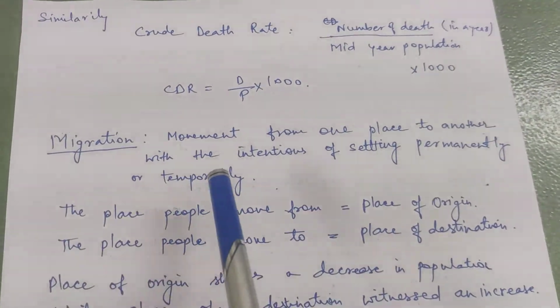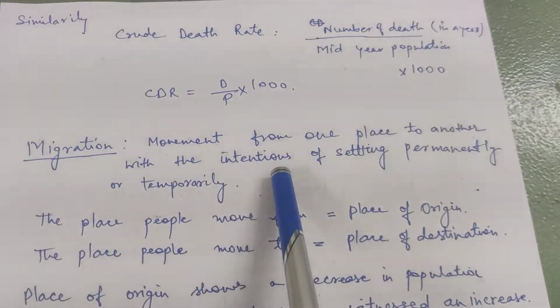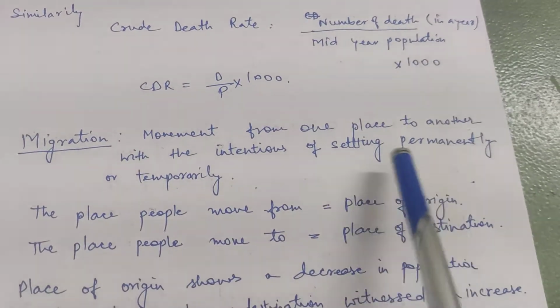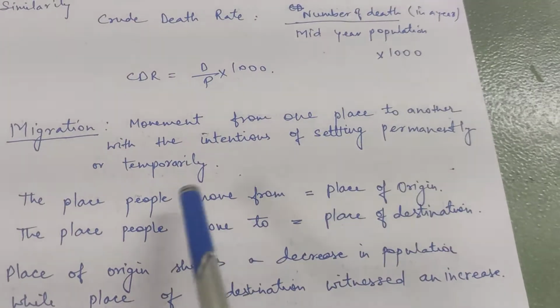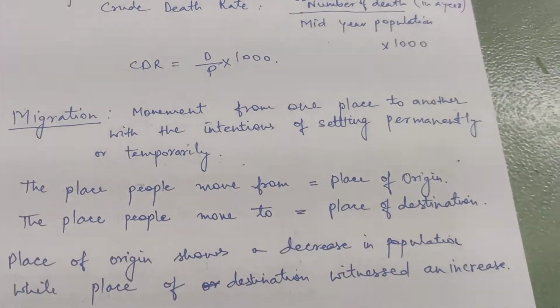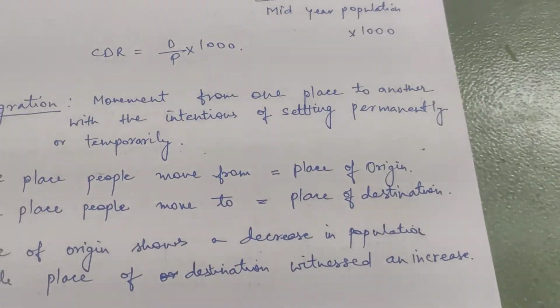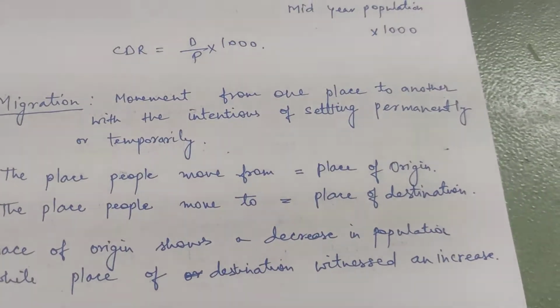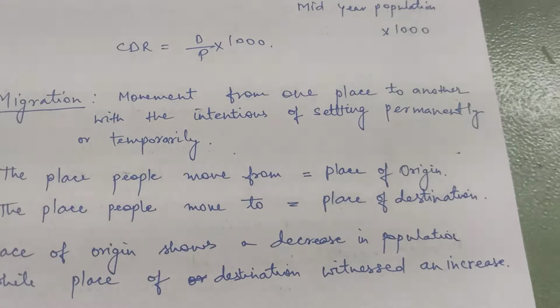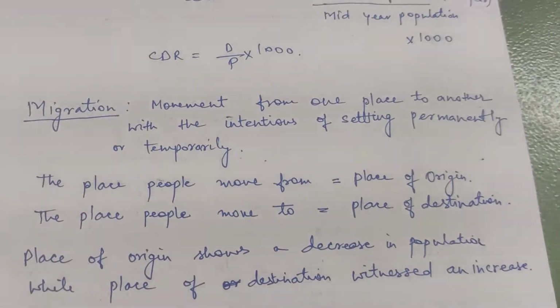Now migration. Migration is movement from one place to another with the intention of settling permanently or temporarily. When people move from one place to another with the aim of settling there, maybe permanently, maybe temporarily, maybe seasonally, this is called migration.